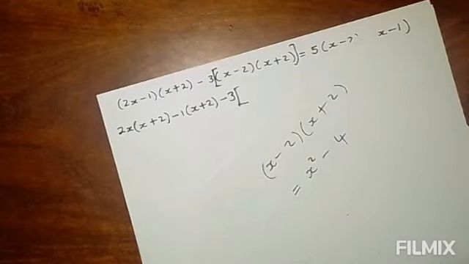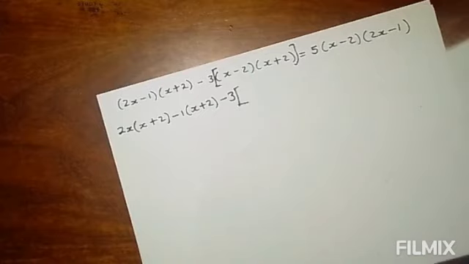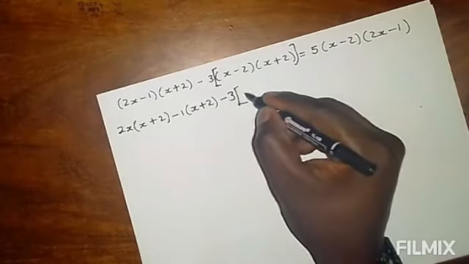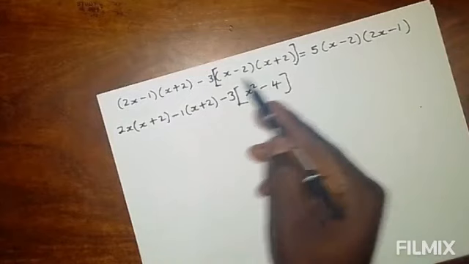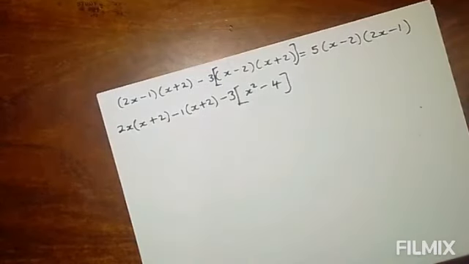So there is no need to do the process that I have done for the first 2 brackets. Why? Because x minus 2 times x plus 2 just gives you difference of 2 squares. So it is as good as x squared minus 4. I hope you are listening, class. So I'm going to write x squared minus 4 to represent the 2 brackets inside.